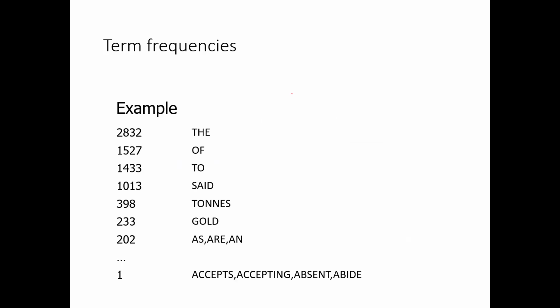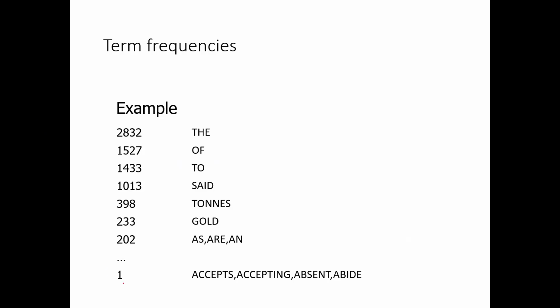The first one is word frequencies. We already know some of the ideas, for example, articles. Some of the words appear everywhere, and these are not very interesting. That means the term frequency is really high, and they are not very important.